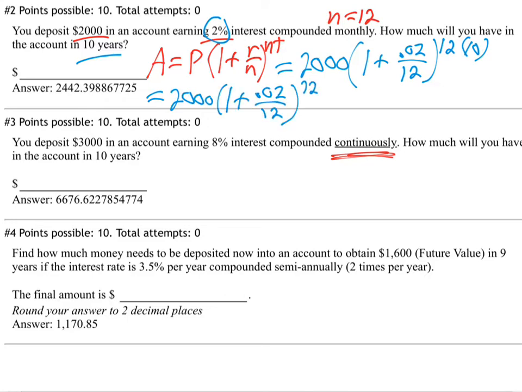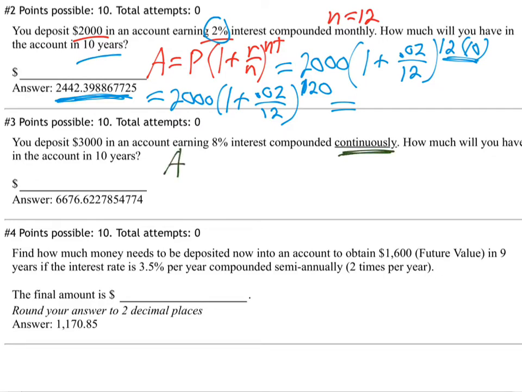I'm going to figure that power out. I always like to figure out the power, 120. All right, so hit the buttons on your calculator, and you will get this answer right there. Here we go. So our $2,000 becomes $2,442.